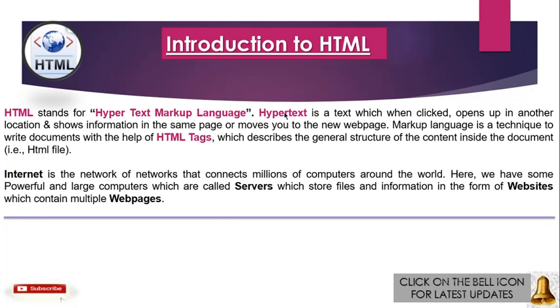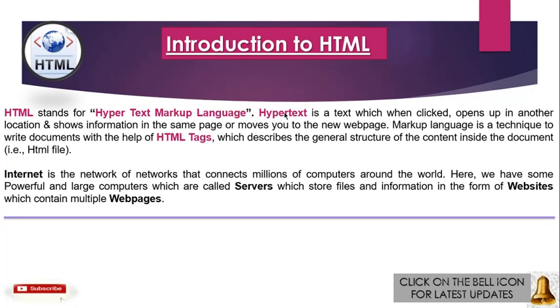For example, you must all have used the internet. Whenever you search any information, you get many links which are in blue color. Those blue color links are known as hypertext, means whatever words are highlighted in blue color.